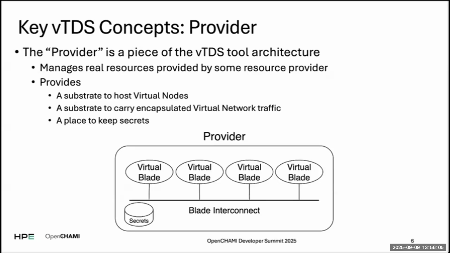And it ultimately provides a substrate to host virtual nodes, which we call a virtual blade, and a substrate to carry encapsulated virtual network traffic, which we call a blade interconnect, and then a place to keep secrets. So the provider is responsible for storing and protecting secrets. It's not responsible for populating them. The content of a secret comes from somewhere else in the VTDS application.